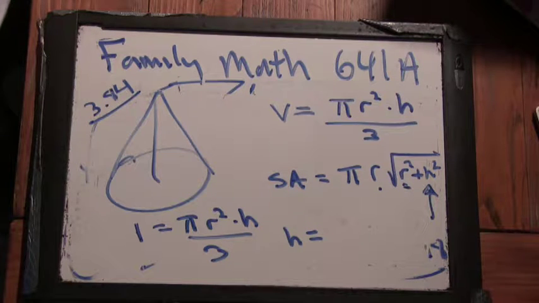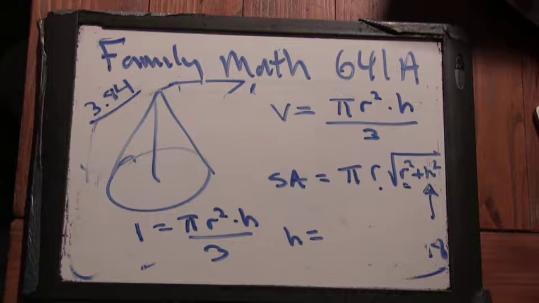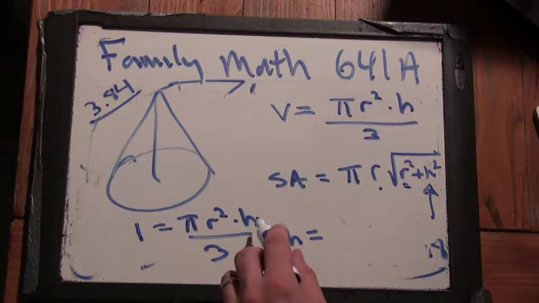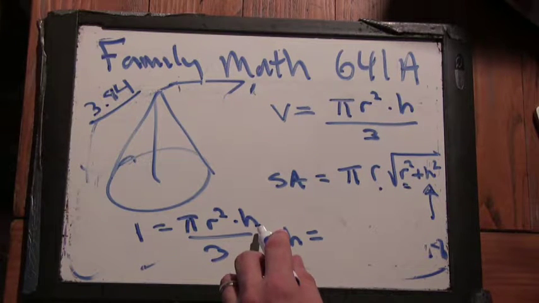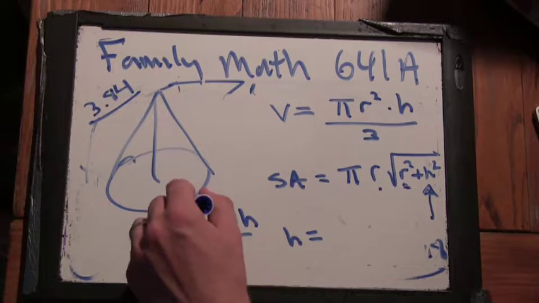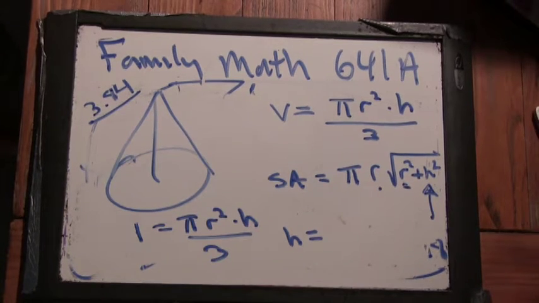So h equals... you have to get the h over the other side, right? Well, I want to keep the h on this side actually, because I have my h and then I have the equals, but the problem is this pi r squared and the divided by 3.